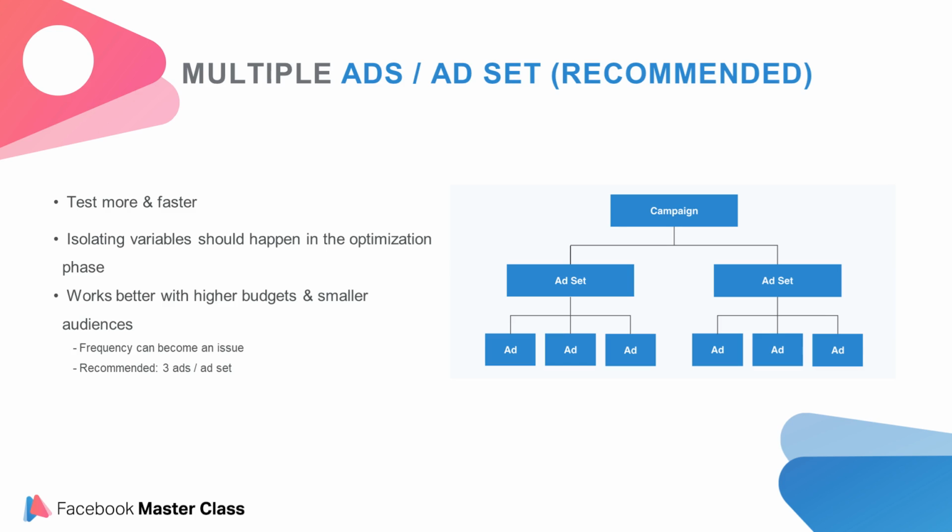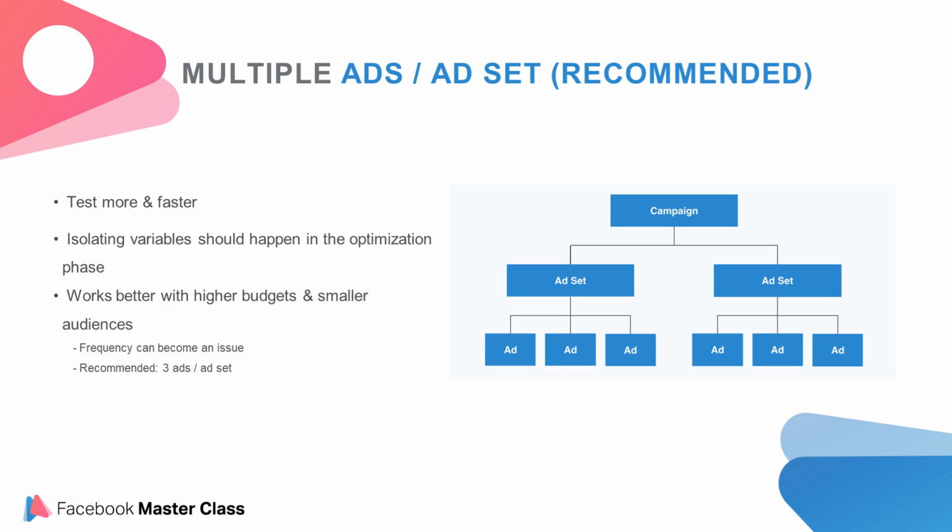Number 1, you can test a lot more ads and faster. It's pretty annoying especially if you want to test like 20, 30, 40 different ads, then you have to create 30, 40 different ad sets, which hold only one ad. That is a little bit frustrating. Number 2, isolating variables should happen in the optimization phase, not in the launch phase.